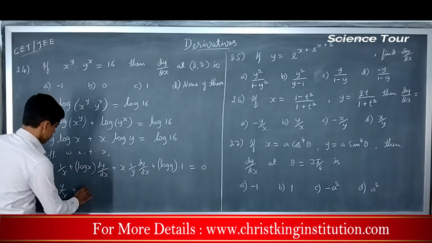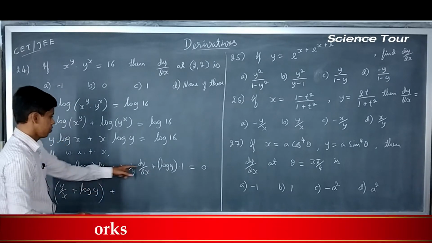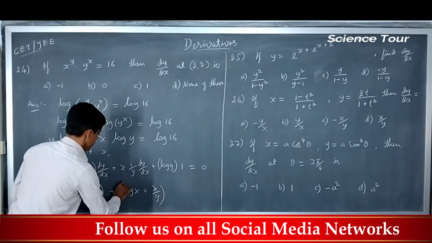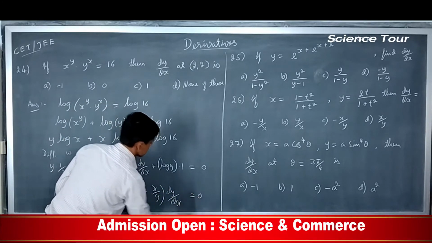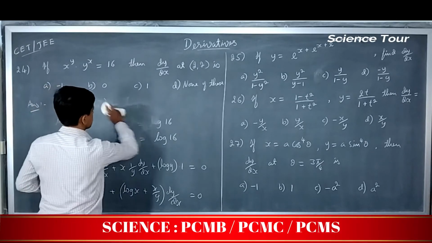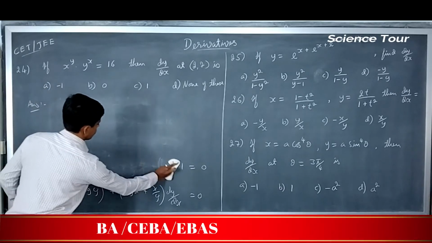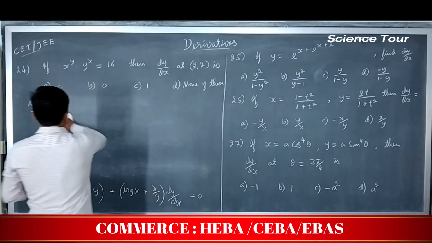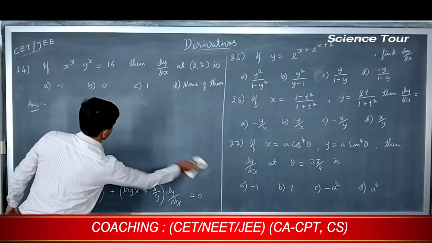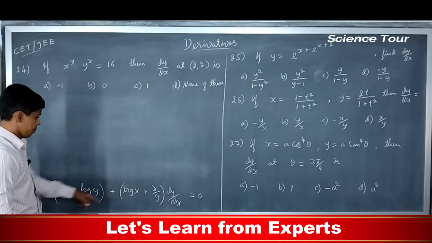Now you have to take dy by dx common. If you do that, see this log y, let me write it first, and here I have dy by dx common. So this is log x plus x by y into dy by dx, that is equal to 0. Okay, so we need dy by dx.